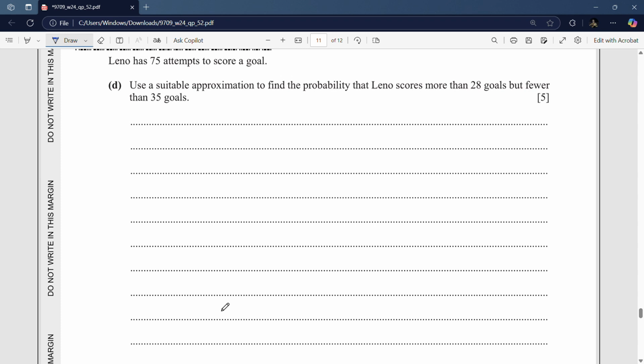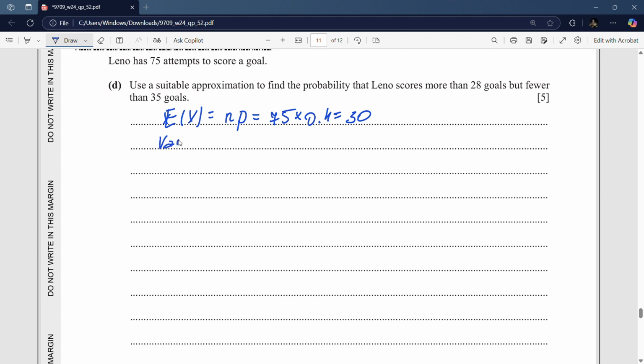So Leno has 75 attempts to score a goal. Use a suitable approximation to find the probability that Leno scores more than 28 goals but fewer than 35 goals. So here we need to first find the mean and the variance. The mean is, as we know its formula, np, so number of attempts multiplied by probability of success, which gives us 30.